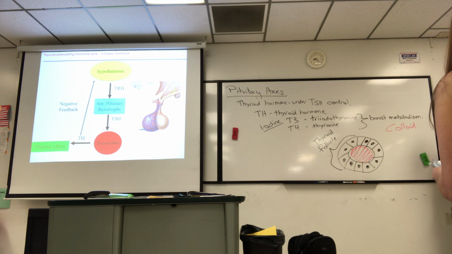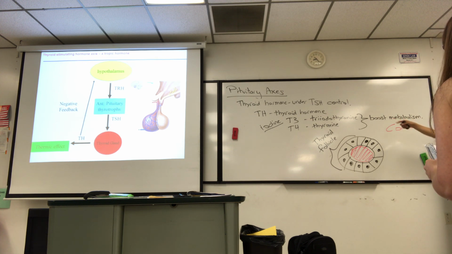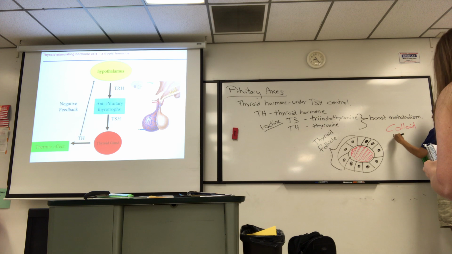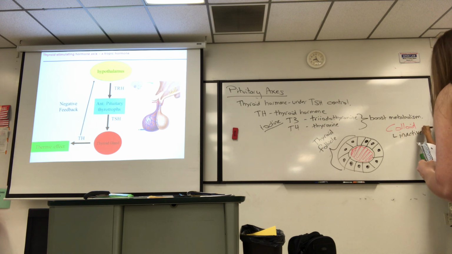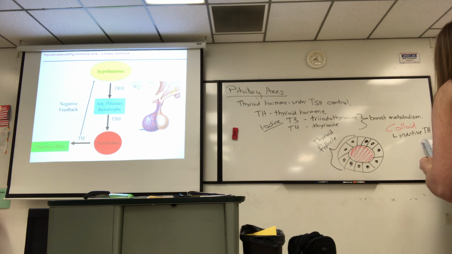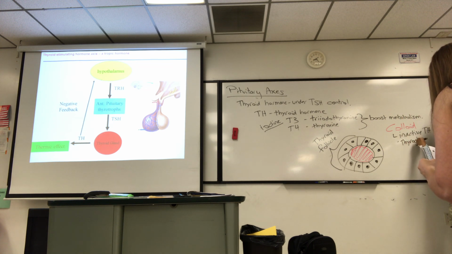Now, what the colloid is, think of it as inactive thyroid hormone, inactive T3, T4. So I'll just say inactive TH. Of course, there's a name for it. We call it thyroglobulin.